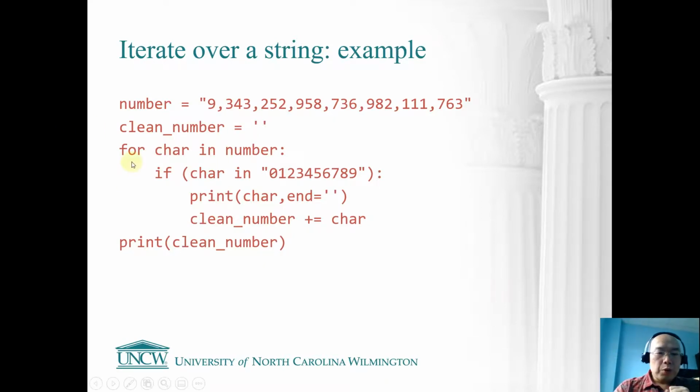If we want to use this trick, for char in number, I'm using the control variable char to visit all the characters one by one in this string, and then if the current character is a substring of the 0 to 9 string, I'm keeping that. Otherwise, I'm throwing that away. If you are using this version of the code, it works fine, and I would say this version of the code is a little bit cleaner than the code we saw before. So I like this one a little bit better.